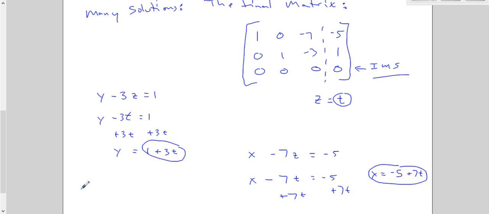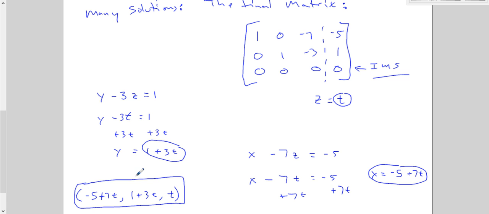And so now I can write it as an ordered triple, even though I have infinitely many solutions. So -5 plus 7t is my x, 1 plus 3t is my y, t is the z. And that's my way of showing a more focused solution for my infinitely many solutions.